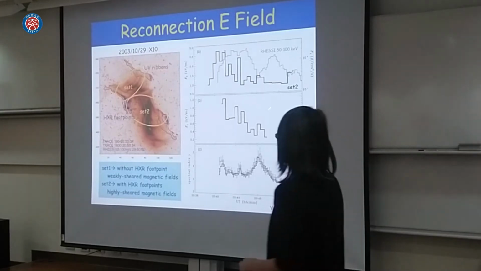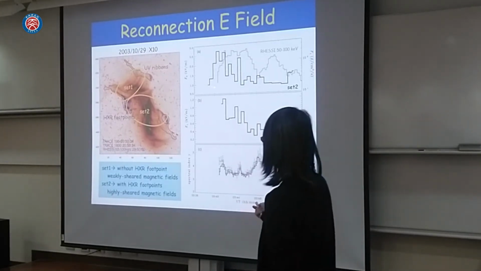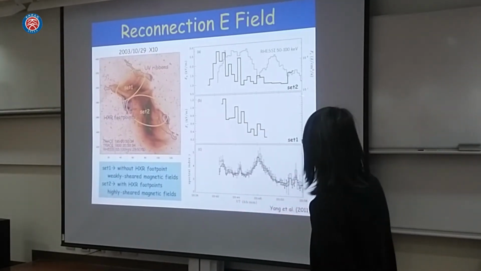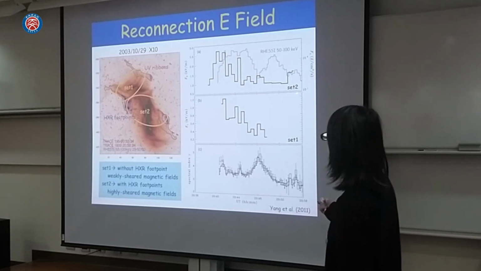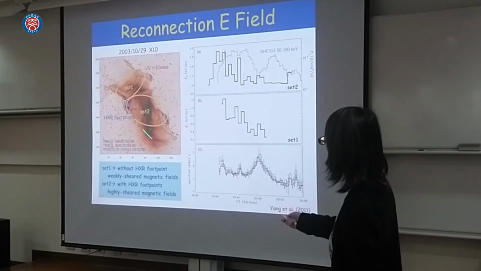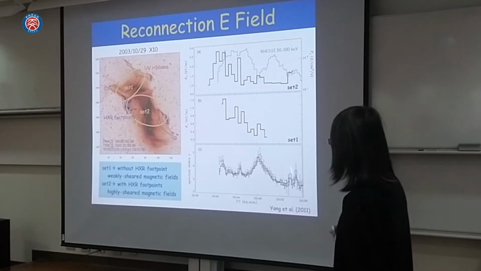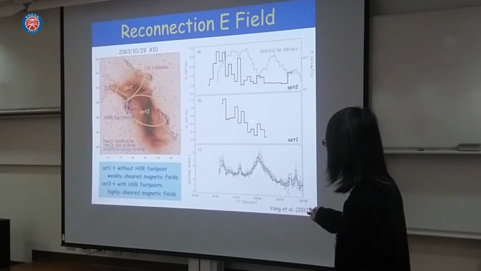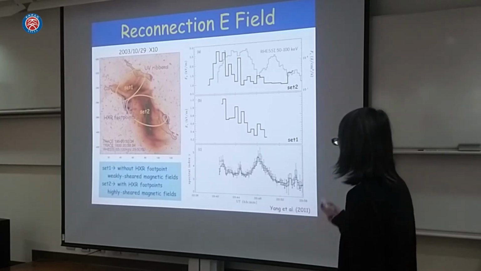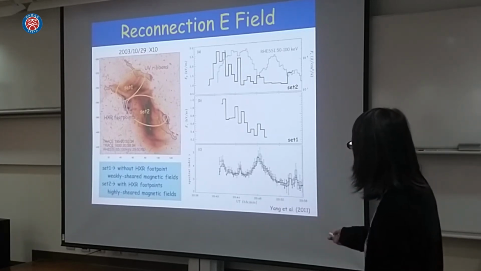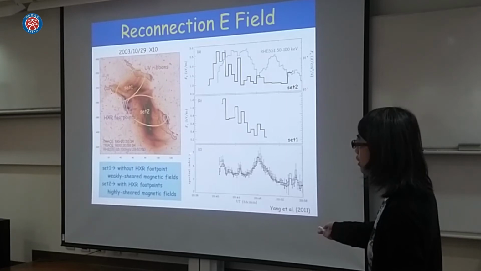The first panel is the electric field variation for set 2, that's a highly sheared arcade field. The second one is the electric field variation at set 1. And the third one is the spectral index gamma.